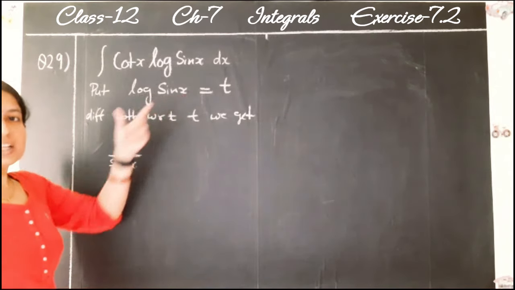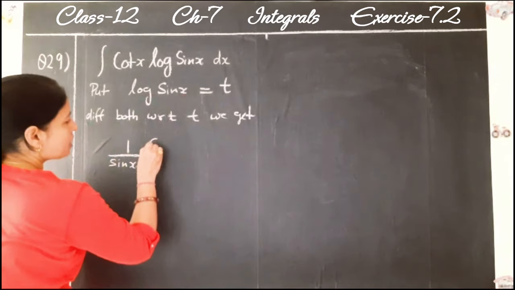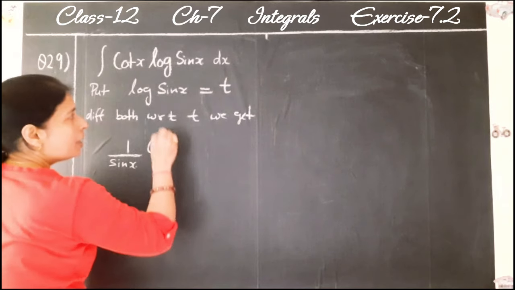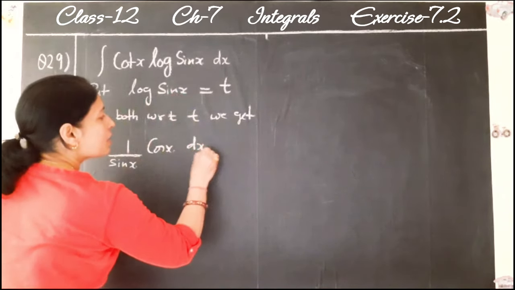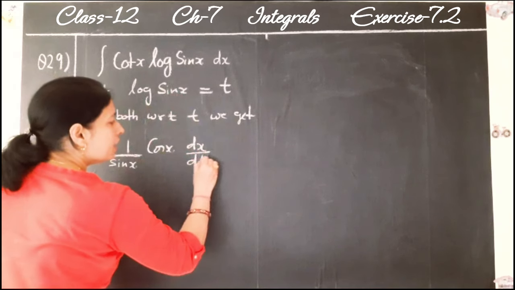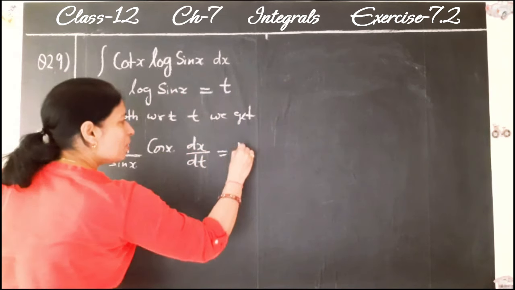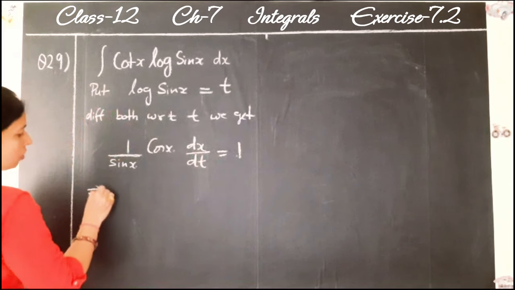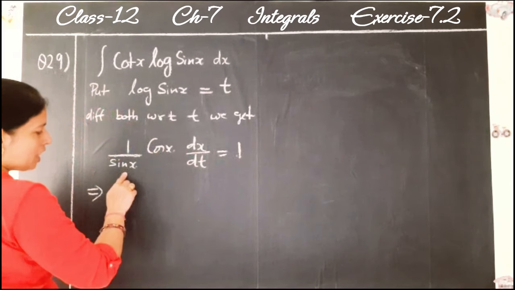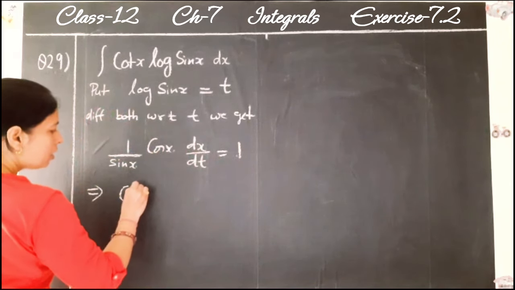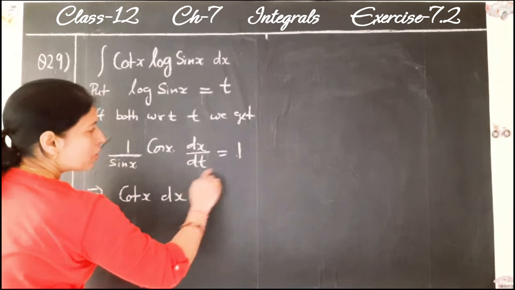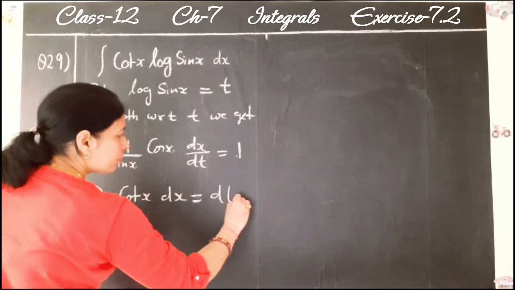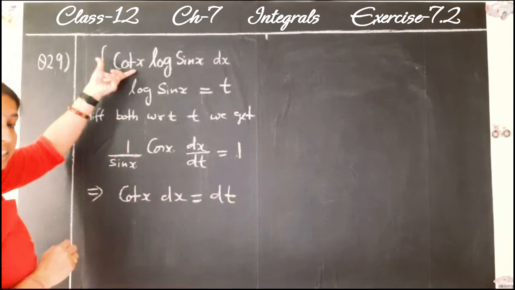Again differentiate sin x, you will get cos x, so write here cos x. Then the derivative of x will be dx by dt, and here it is t, so it will be 1. So you can see here cos x by sin x, so it will be cot x dx is equal to dt. Here cot x is given.